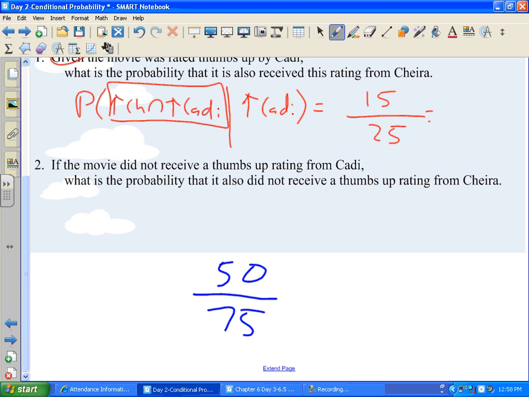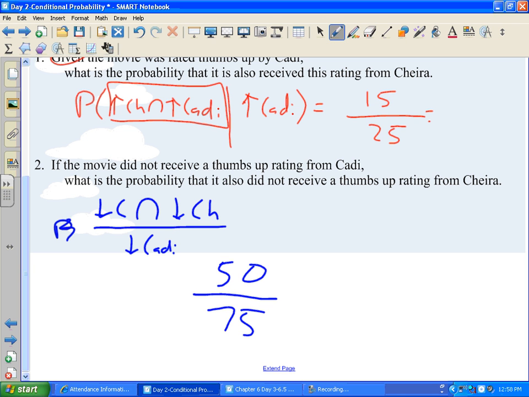Not thumbs up from Katie. Does that make sense? The intersection. If you want to see the math that goes with it, it's the intersection up top. I'm just going to write thumbs down from Katie and thumbs down from Kira, up top, divided by thumbs down from Katie. That's our conditional probability.